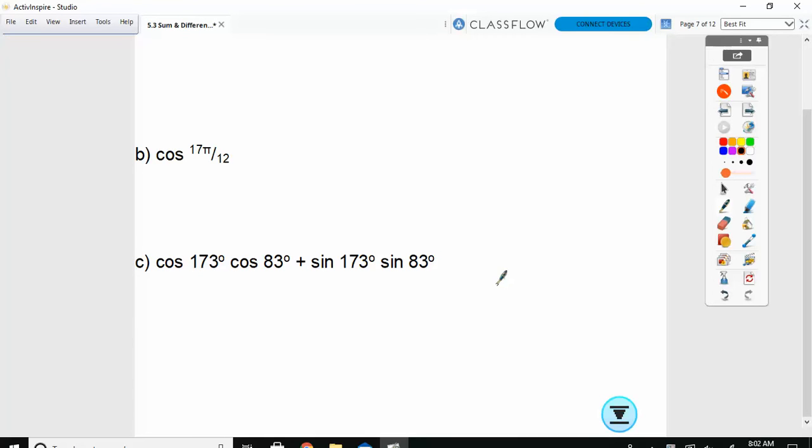So this one is already expanded out. If you look at your formulas, I have cosine times cosine plus sine times sine. So look at your identities for cosine, sum, and difference. Both of these have cosine and cosine, then sine and sine, but which one has a plus in the middle? The difference formula.